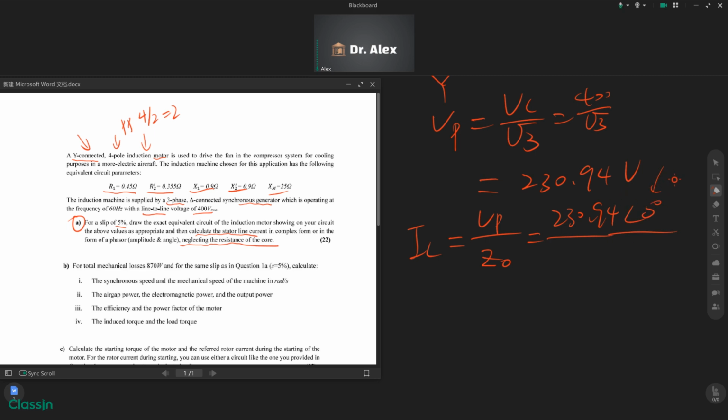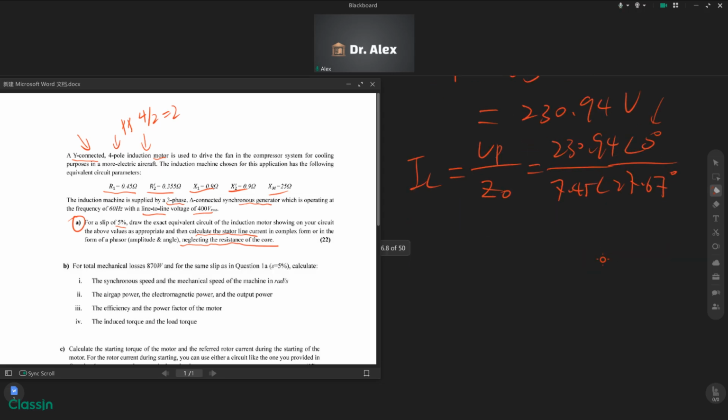Why do we set the angle 0 here? Because we use the phase voltage as a reference. So we just input the expression of Z0, which is 7.45 angle 27.67, and the answer is like this. Okay, the unit is ampere.